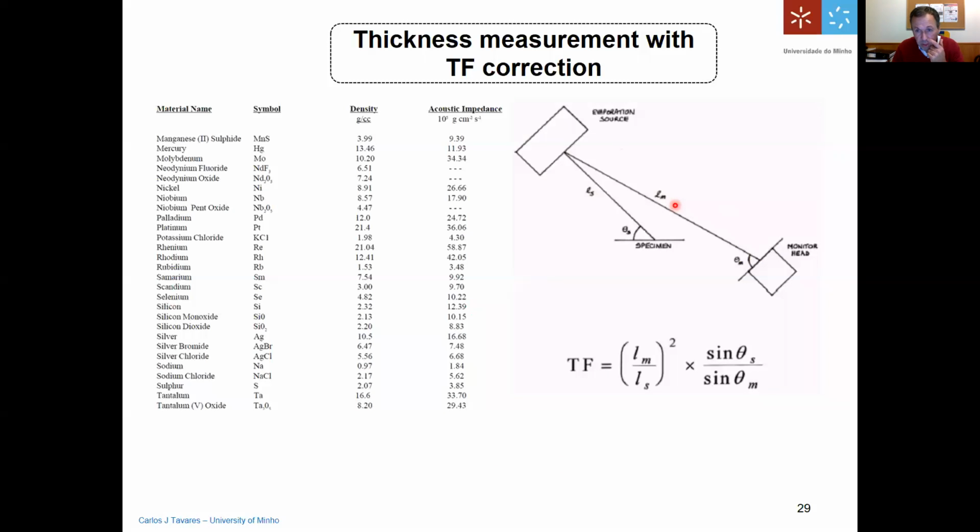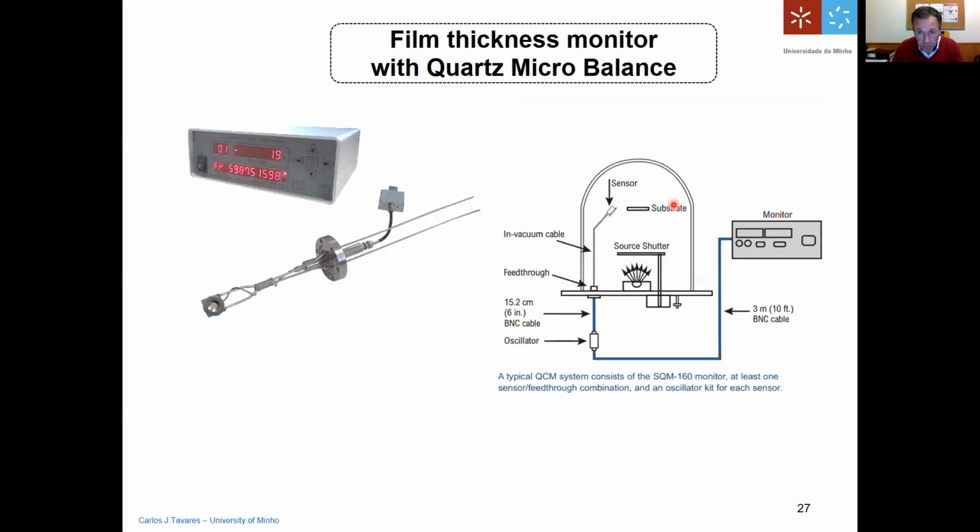Depending on the geometry of the system, for example, when you open this shutter, the flux of atoms will go preferably in this direction, so you will have good coverage of the substrate. But eventually some of them will hit the sensor, which is at an angle with respect to this normal direction.